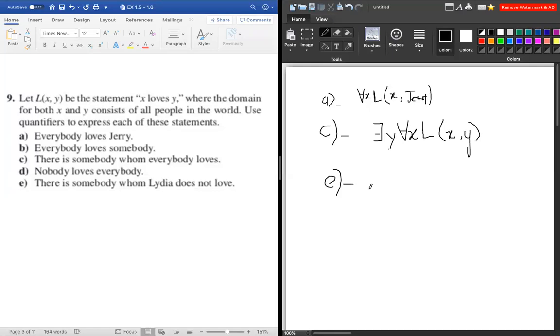Okay, part number E, there is someone whom Lydia does not love. Part number E will be: there exists X whom Lydia does not love, right?